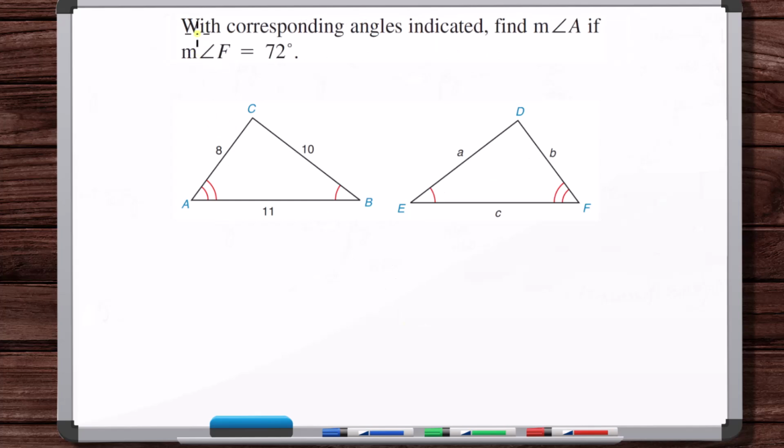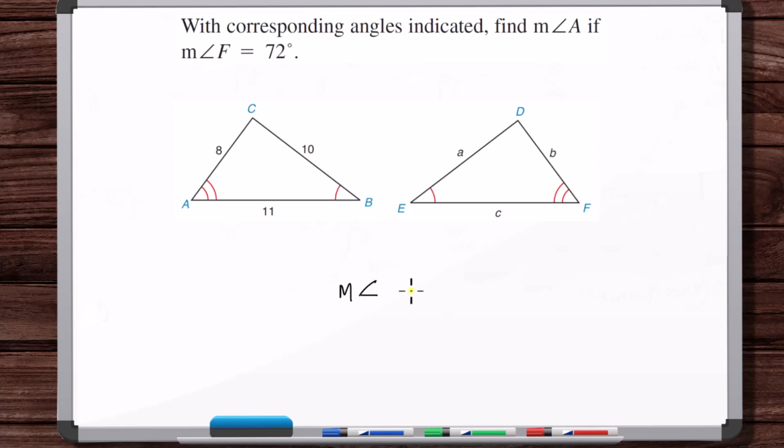Okay, same figure, new question. With corresponding angles indicated, find the measure of angle A if the measure of angle F is 72 degrees. Well, it shows us that angle F corresponds to angle A, so they're congruent. If the measure of angle F is 72 degrees, then the measure of angle A has to be 72 degrees.